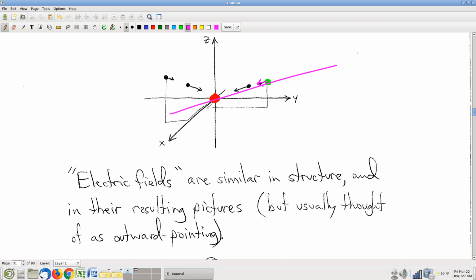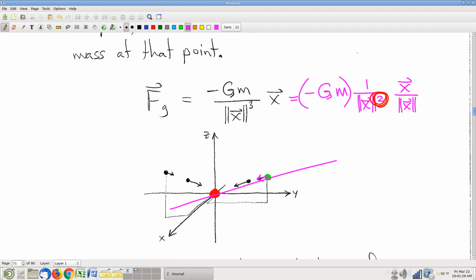So algebraically, electric fields actually look a lot like gravitational fields, which is a very convenient fact to keep in mind, as we'll do some later calculations related to that.